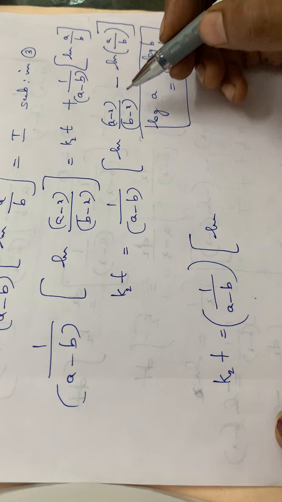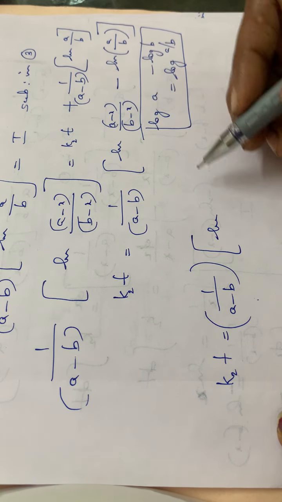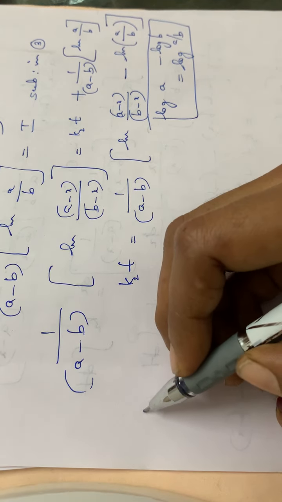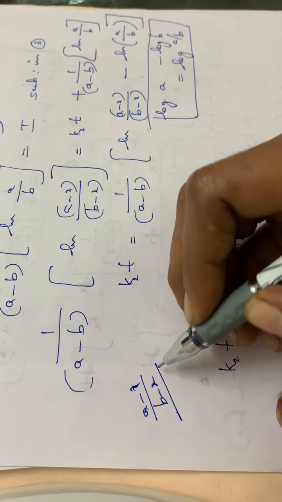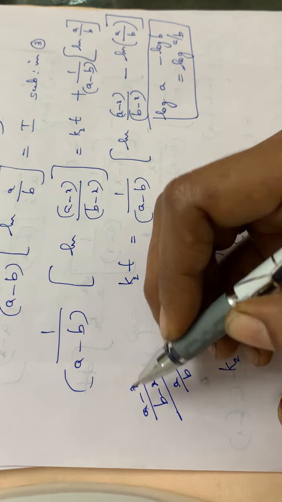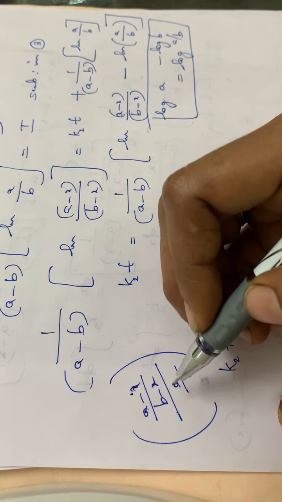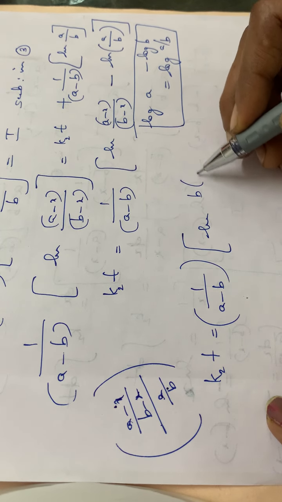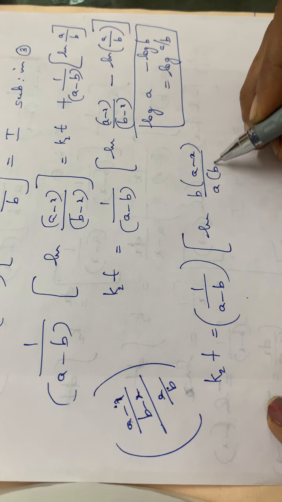Therefore k2t is equal to 1 by a minus b into ln of a minus x divided by b minus x, the whole divided by a by b. So it becomes b into a minus x divided by a into b minus x, ln of b into a minus x divided by a into b minus x.